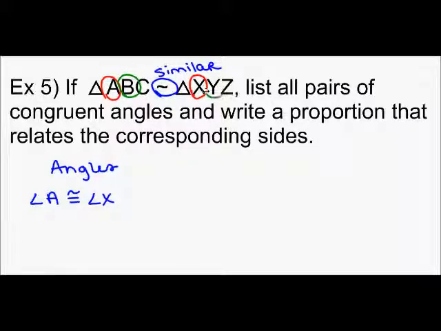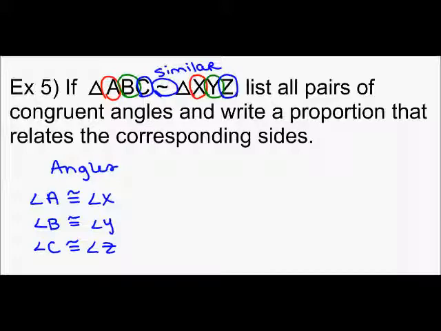B is second. Y is second. So angle B is congruent to angle Y. Last, we have C and Z. So angle C is congruent to angle Z.